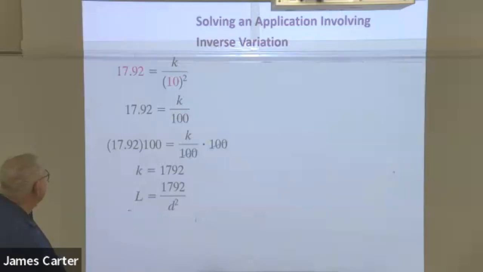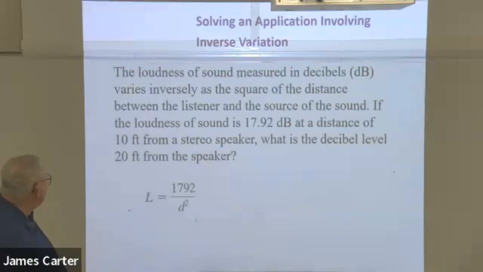So now we can put in our different value than 10. What if you were 20 instead of 10? Well, in this case, 20 squared is 400. And that number divided by 400 is 4.8 decibels.